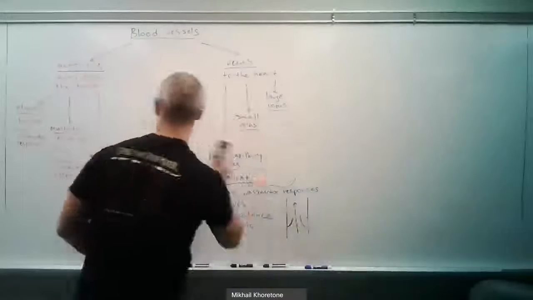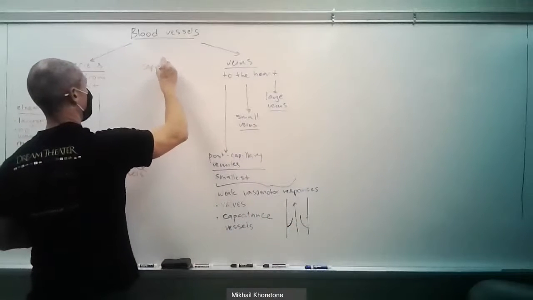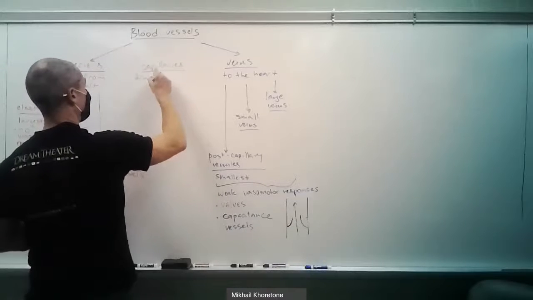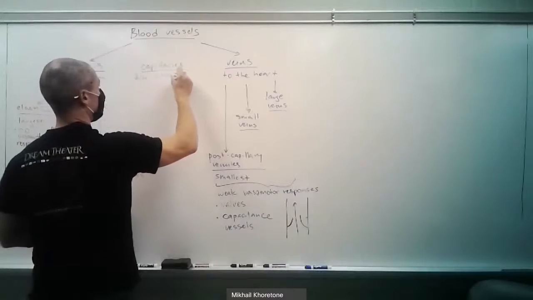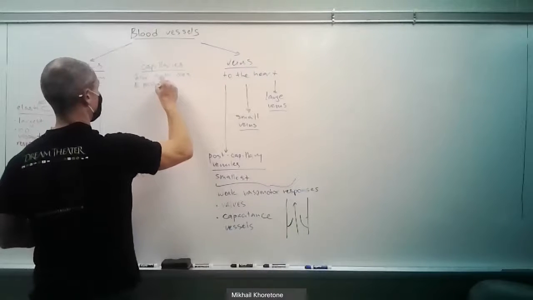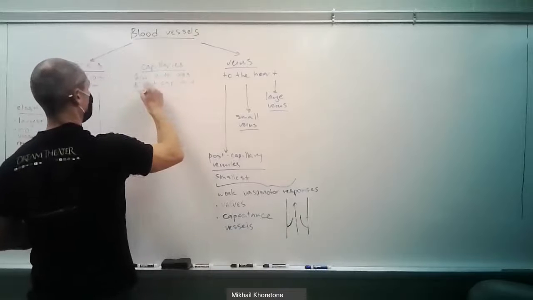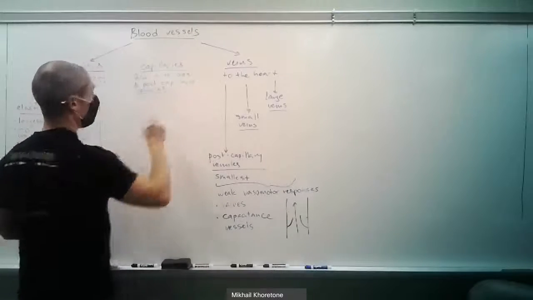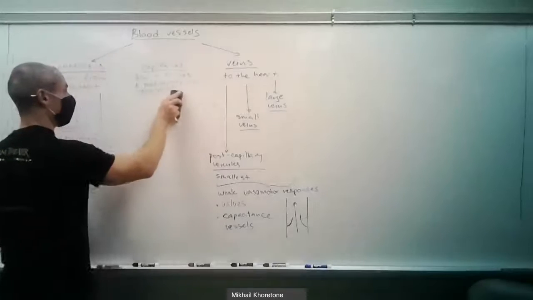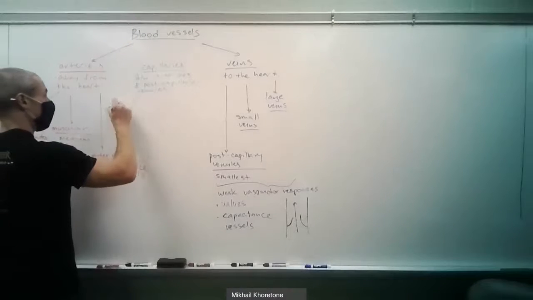Let me use this. They are between arterioles and post-capillary veins. Okay, now in terms of permeability, there are three groups of capillaries.